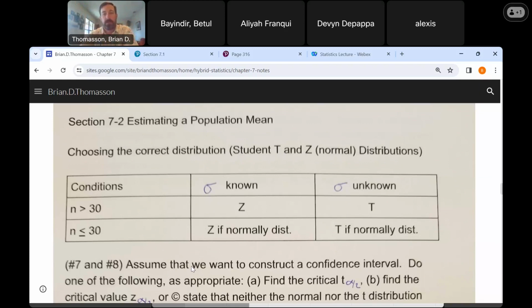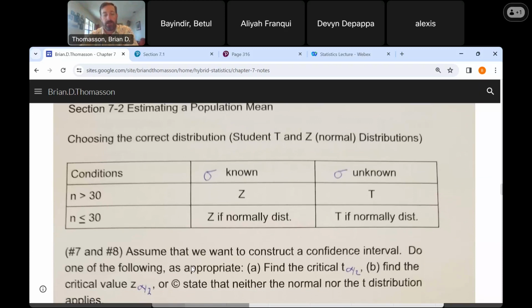Now, before we get going, we have to talk about this new distribution called the t-distribution. Okay. So we're going to try to figure out, from this table, which distribution we're supposed to use. And one of the things we need to mention here is here we have sigma either known or unknown.